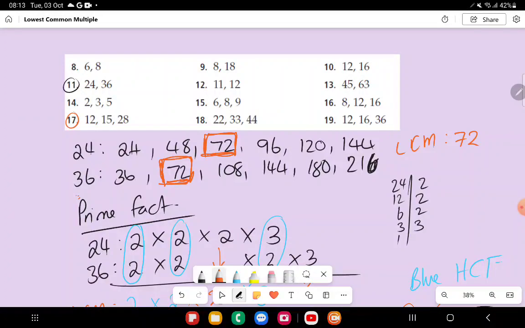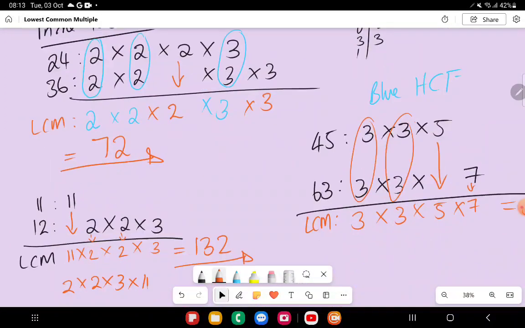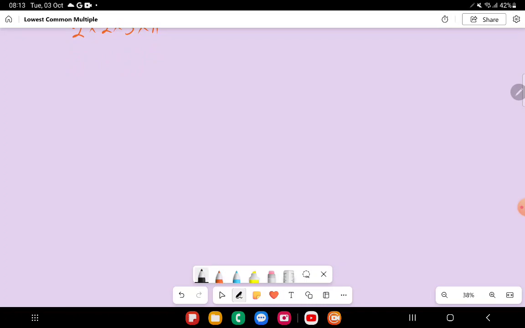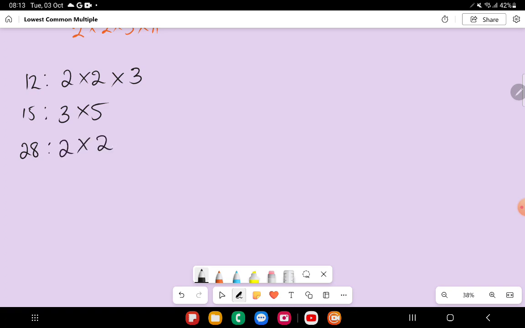Let's do from here. 12, 15, 28. Factors of 12, we're going to say is 2 times 2 is 4 times 3 is 12. 15 is 3 times 5, which is 15. 28, 2 times 2 is 4, 4 times 7 gives me 28.